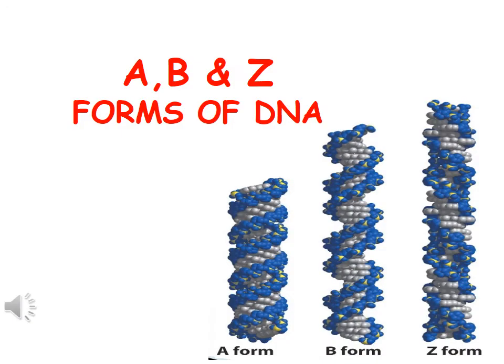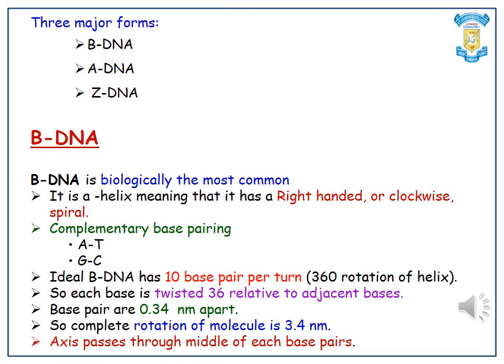The next topic we will discuss is the A, B and Z forms of DNA. There are three major forms of DNA, namely B-DNA, A-DNA and Z-DNA. First, we will discuss B-DNA.